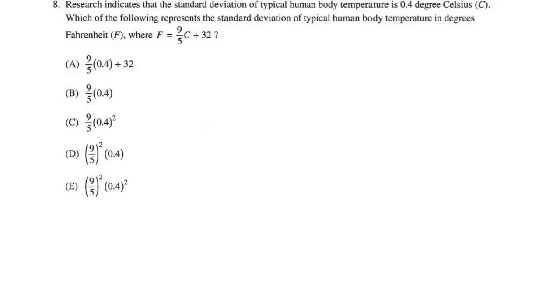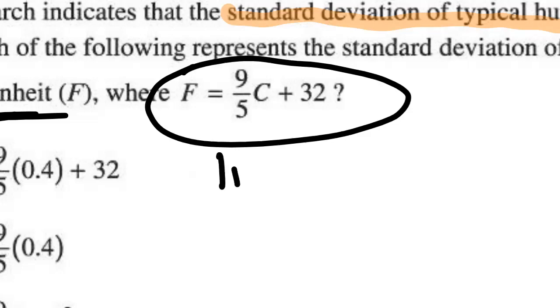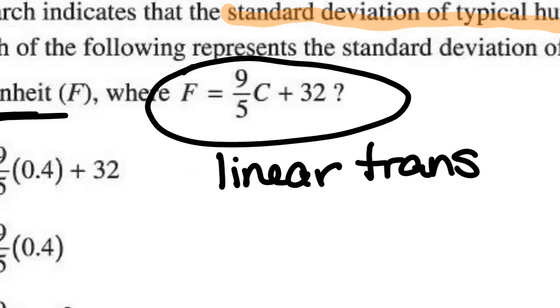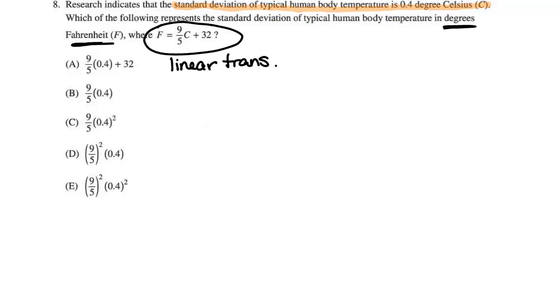Question number 8. Research indicates that the standard deviation of typical human body temperature is 0.4 degrees Celsius. Which of the following represents the standard deviation of human body temperature in degrees Fahrenheit, where F is equal to 9/5 C plus 32? This is a linear transformation. We're talking about standard deviation here.